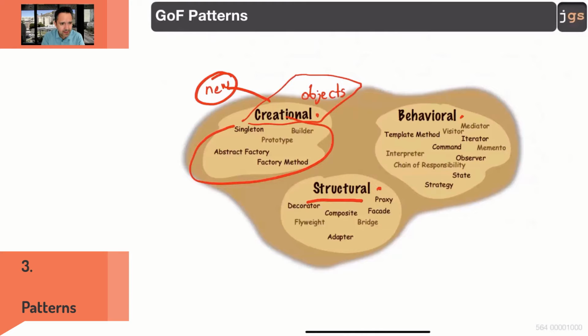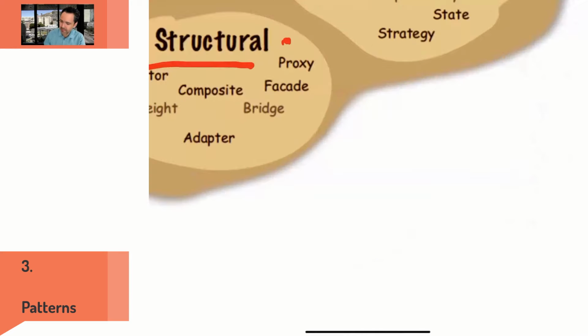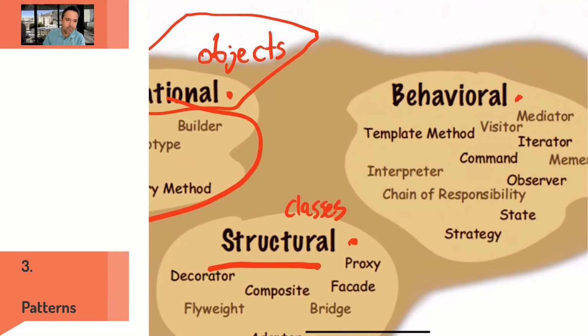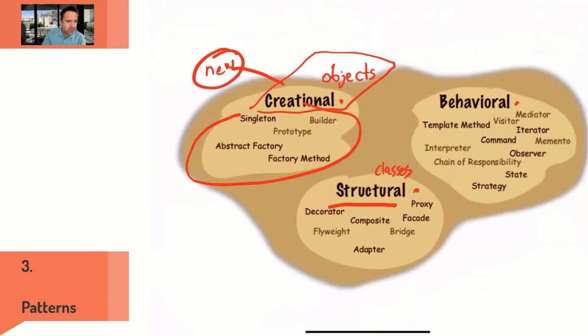Here, connections between elements, the elements, classes. The structure or the structural design patterns is, how do we connect classes? We know that the only way to connect classes is with inheritance, composition, association. We have those relationships.